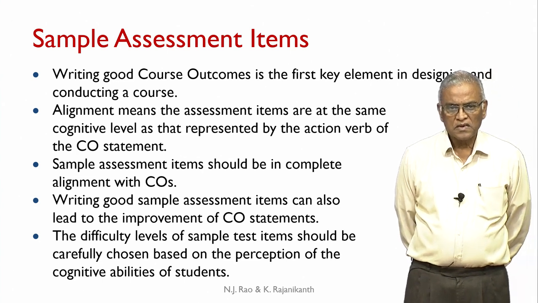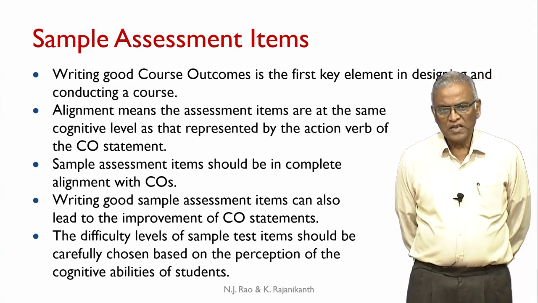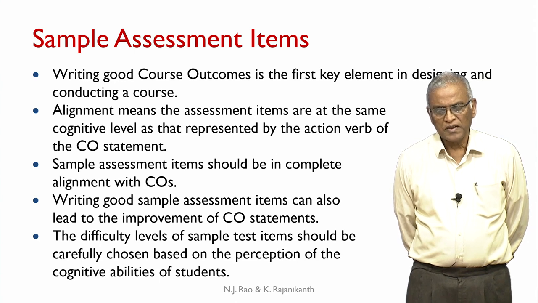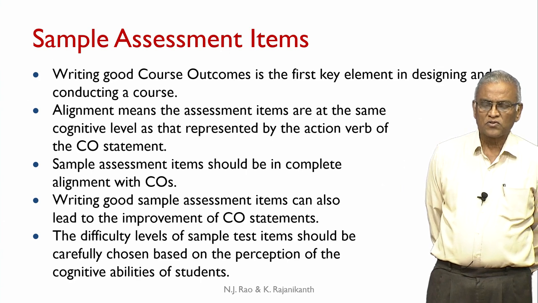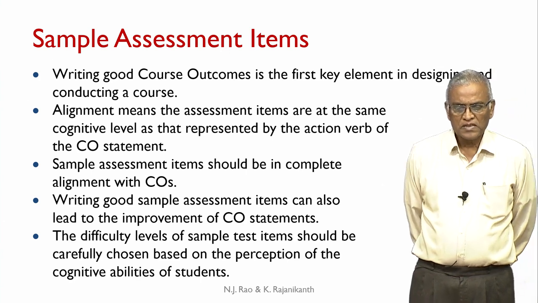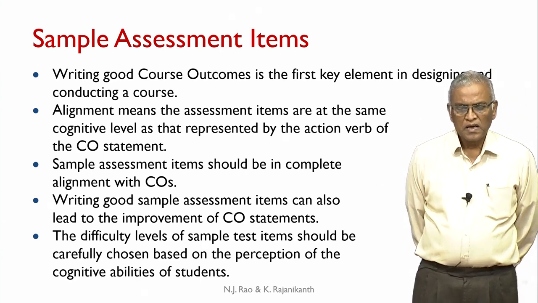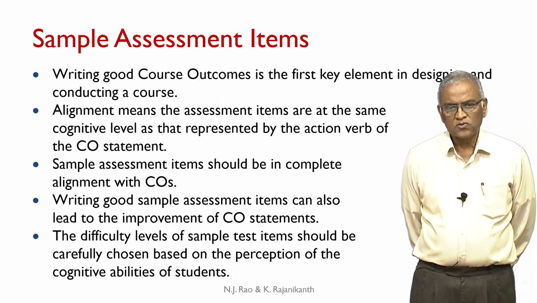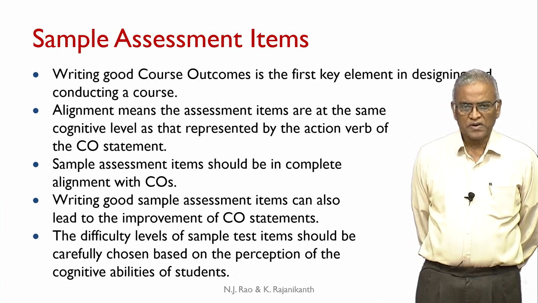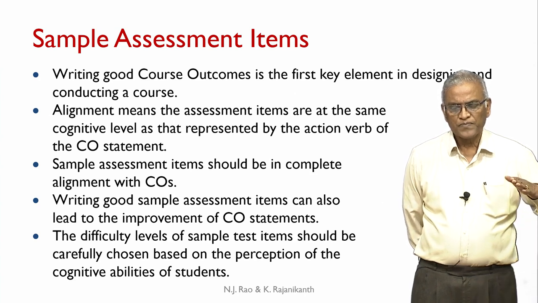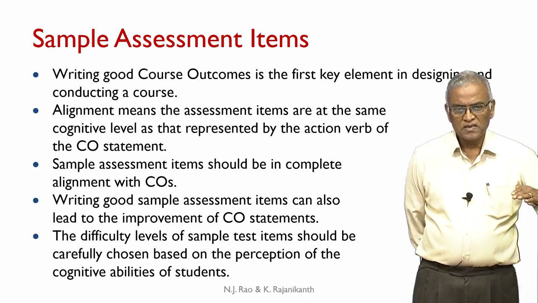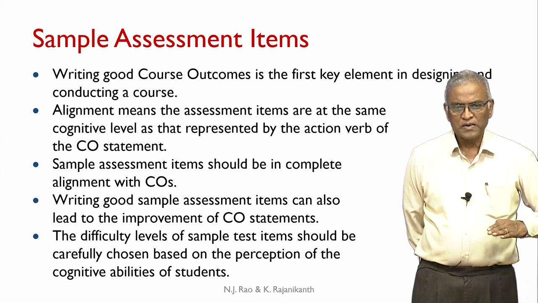In that case, from the sample test items that we have written, we may want to go back and slightly reword our CO statements. That is where the iteration part comes. There need not be any hesitation to go back and correct the CO statements. That is why writing good CO statements requires designing sample test items and, if necessary, going back and modifying the CO statements accordingly.